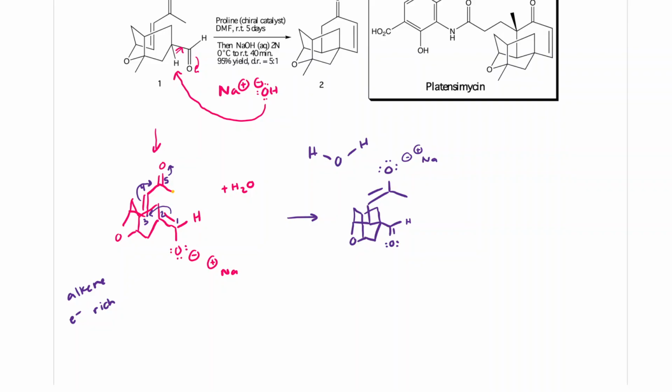Hold on, let me backtrack. We have an oxygen that's not happy because it has a negative charge on it. So it's going to push electrons down. And then this alkene is going to protonate the water we made.